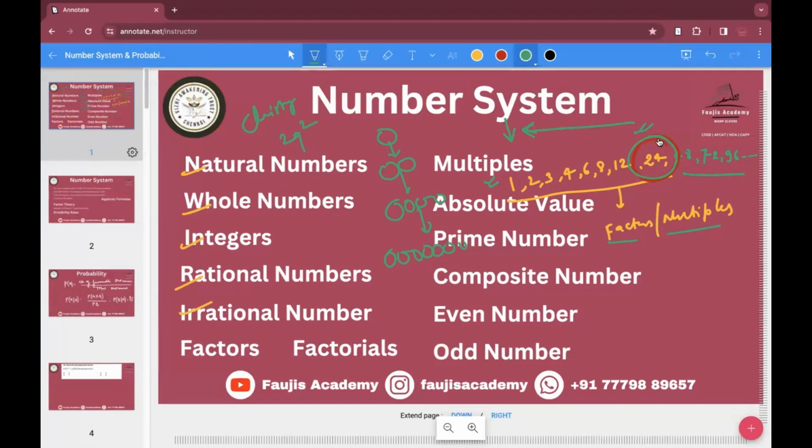These are multiples or factors? Christy, the numbers that I have written in green with respect to 24, what are these numbers? These are multiples or factors?